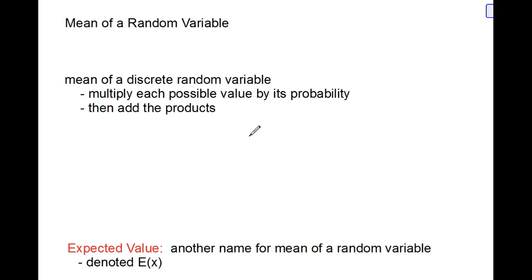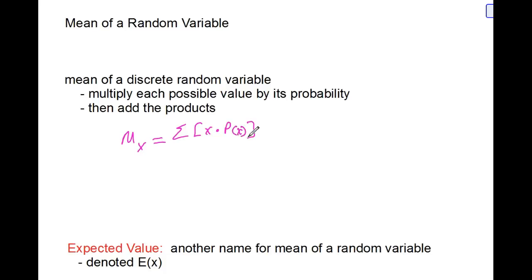So what this looks like is, remember that the mean for the population had the symbol mu. Well, since we're talking about discrete variables, we're going to use mu sub x, with a subscript x down here, so that we know that it's not just the regular mean where we add them all up and divide. This one has a specific notation, mu sub x, and that's going to be the sum of all of the x's times their probabilities.